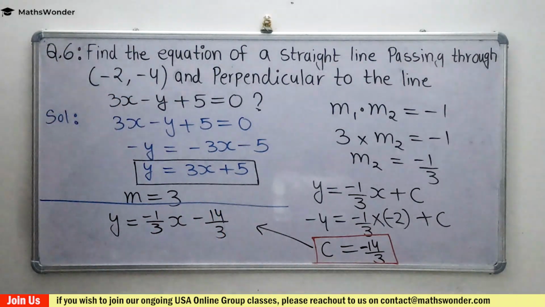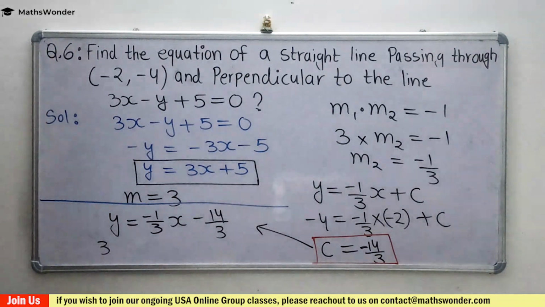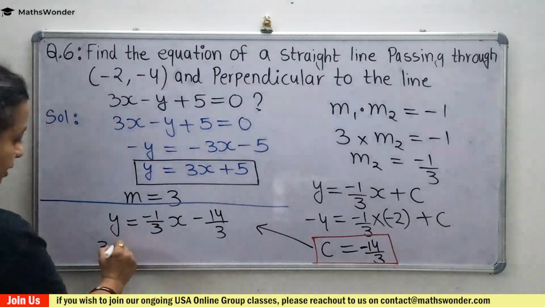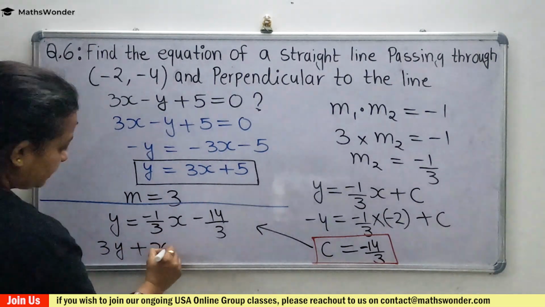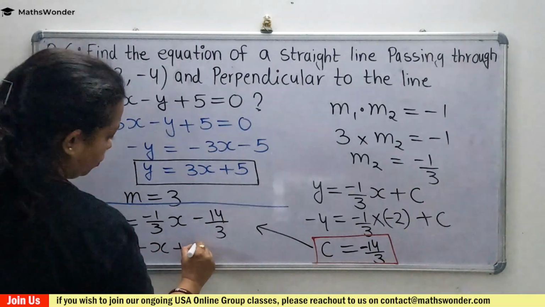Now we substitute here. When you simplify this, you will get 3y plus x plus 14 is equals to 0.